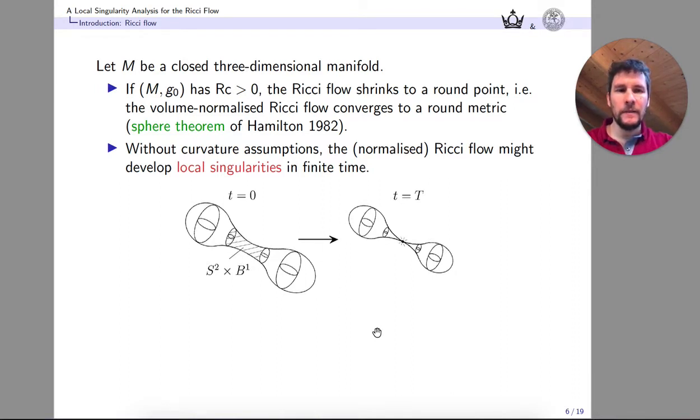And then because the S2 has enough positive curvature, even though it's possibly slightly negatively curved in the direction of the interval, the positive curvature will dominate and the neck will shrink. And we see that we get this local singularity in the center of the neck, while these parts on the sides where the curvature is less large will prevail and will remain smooth. So the singularity happens only locally and not globally.